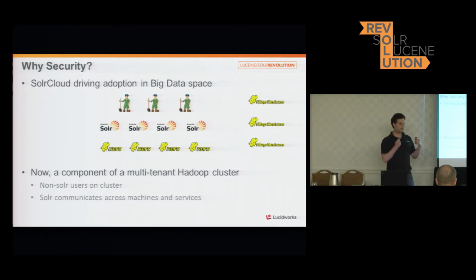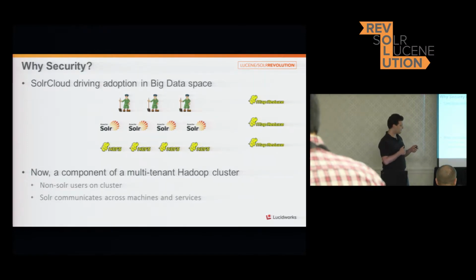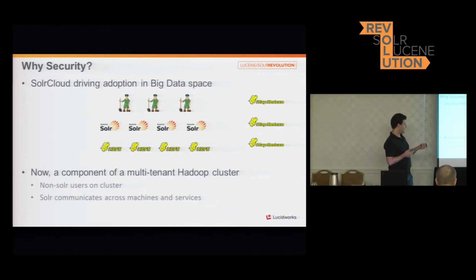In our work at Cloudera, which is mainly in the big data Hadoop space, we see the SolrCloud feature driving adoption of Solr in this space. For those who aren't familiar with SolrCloud, this is basically just Solr running in a cluster. It's using Zookeeper for coordination and configuration, storing data in HDFS, and maybe indexing data via MapReduce, so data stored in HDFS can be indexed via MapReduce.